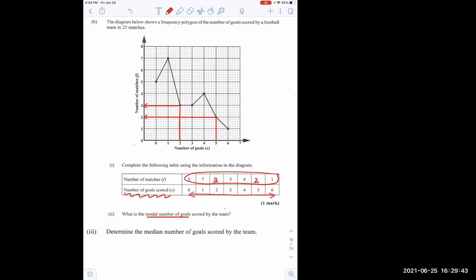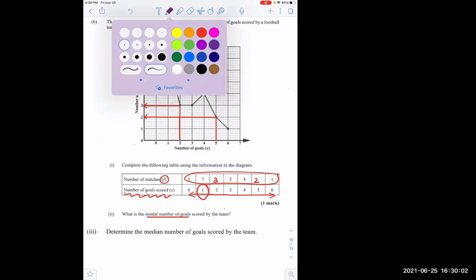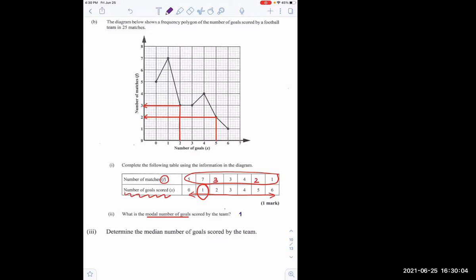And which value are you going to choose? You are going to choose the number that has the highest F value. And that number is 1. Do you all see that? Yes, miss.